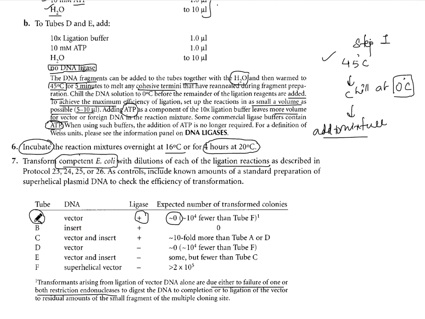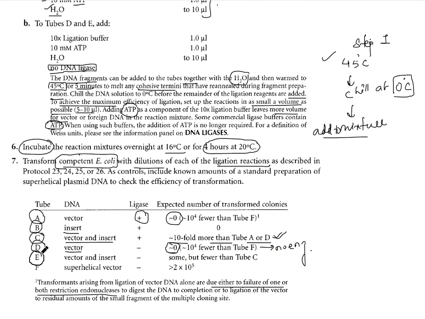In case of B, we have added only insert, so there should not be any transformed colonies. Again, in C, it was vector plus insert, so there should be tenfold more colonies than tube A or D, because it has both vector plus insert. The fourth one is D, which has vector but no enzyme.